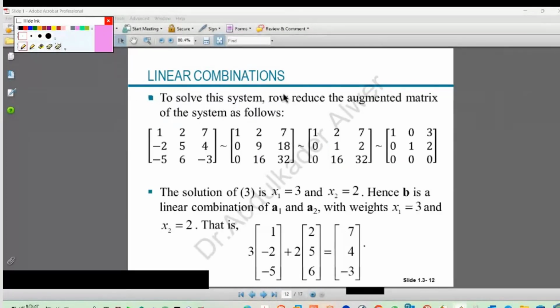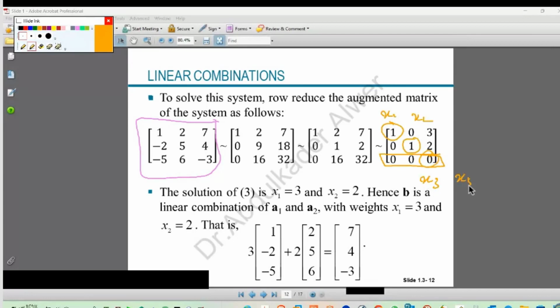Let's see the answer if I want to write the augmented matrix. To solve this system, row reduce the augmented matrix. So I wrote here the augmented matrix, and I solve it as I told you before. Now let's see the last row. This is x1, this is x2, this is x3.